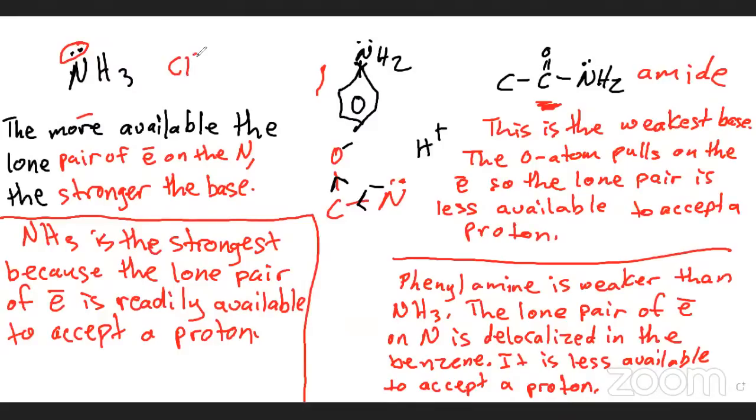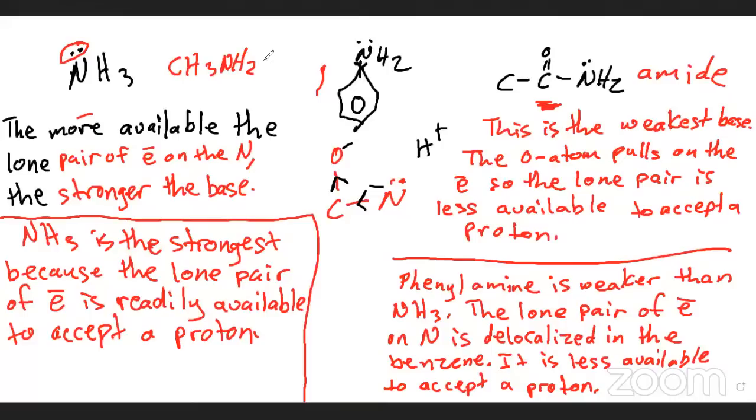And if you should get amine, it just means that electrons are being released towards the nitrogen. It is even more available, or the electron density increases. So if you don't get ammonia, if you see carbon, if you see CH3, right? NH2, so if you get an alkyl amine, some carbon and hydrogens, remember they are electron releasing group. So this is better than ammonia. All right, so just make a note.